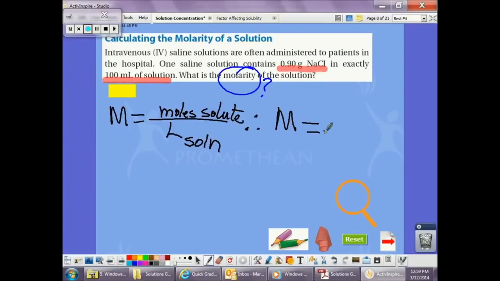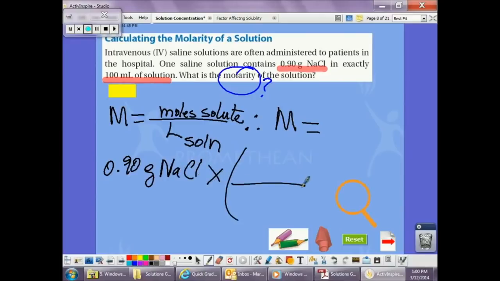If you can get your periodic table packet, periodic table please, and calculator. Okay, and then we will always go to the hundredths place. So let's write down our given, which is 0.90 grams NaCl, which is my solute. I use a conversion factor. I'm going to write grams NaCl down here.